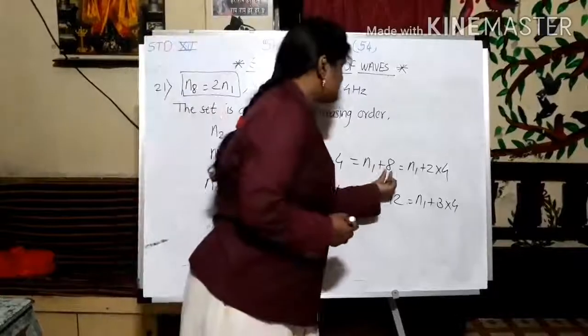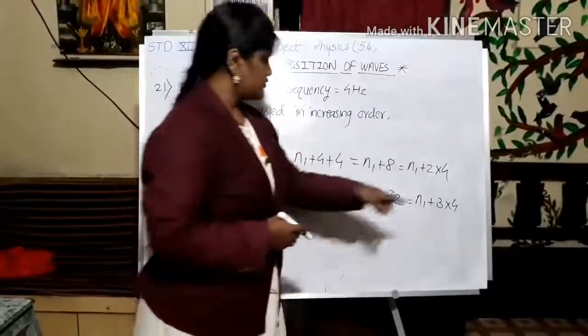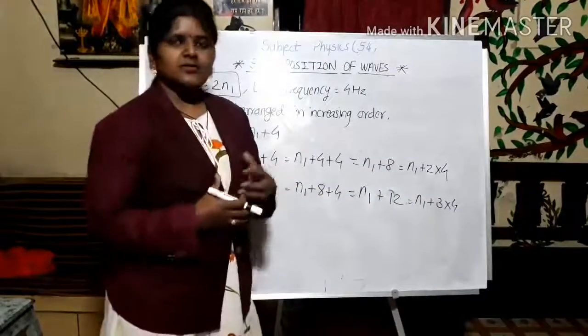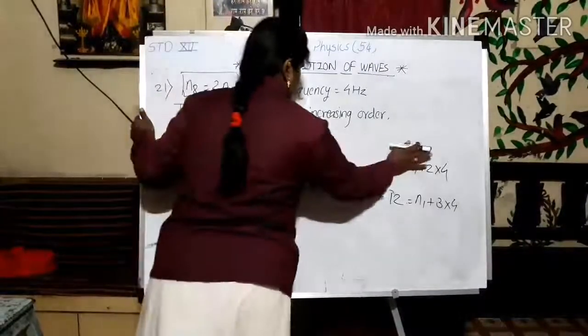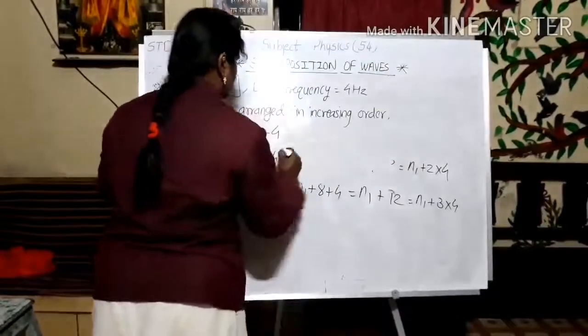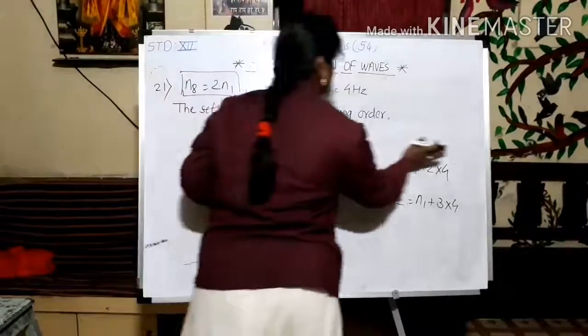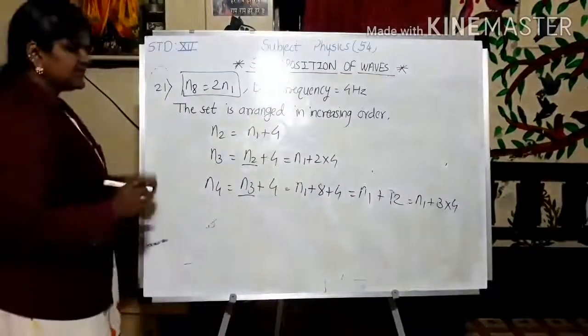But I have written this 8 as 2 into 4, so that this 2 and this 2 will be easier to understand. If I skip these steps, I can directly write this as N1 plus twice 4. I am skipping that, so this will be the easier one.